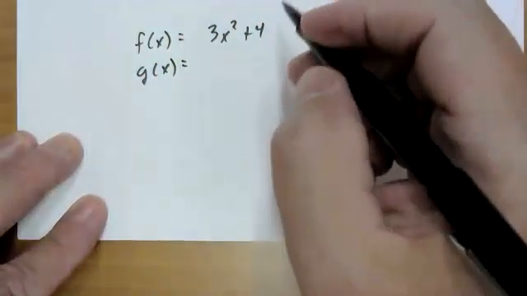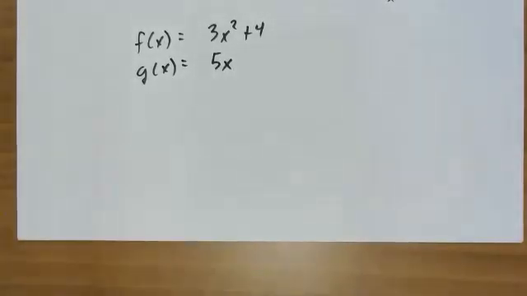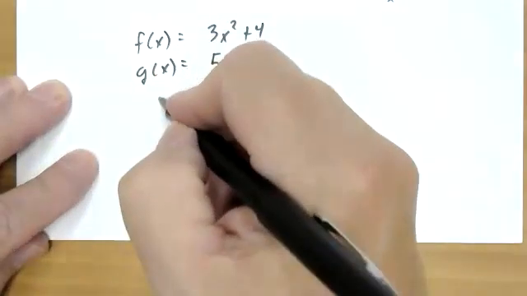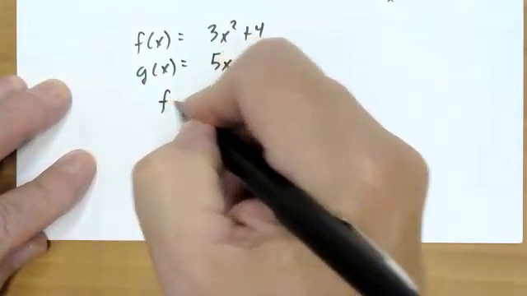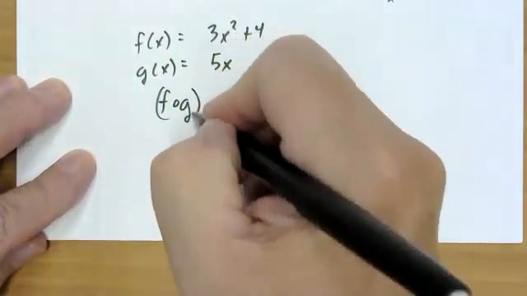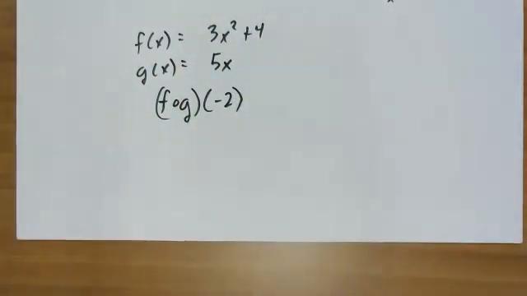G of x equals 5x. Let's do f composite g at x equals minus 2.